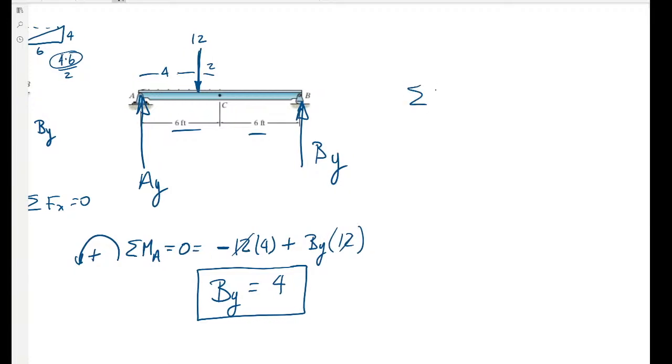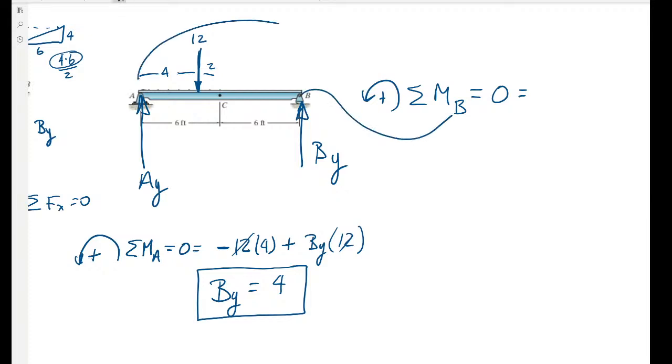You come back in, and now you can sum the moments about point B. You'll notice I always pick that. That's just a standard I always do for a sign, because of sign conventions in math. So now you're summing your moments about this point B here. So this is producing a negative moment, that is the minus AY times 12.